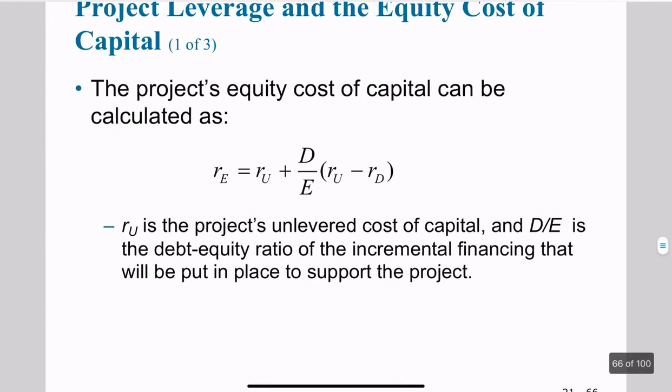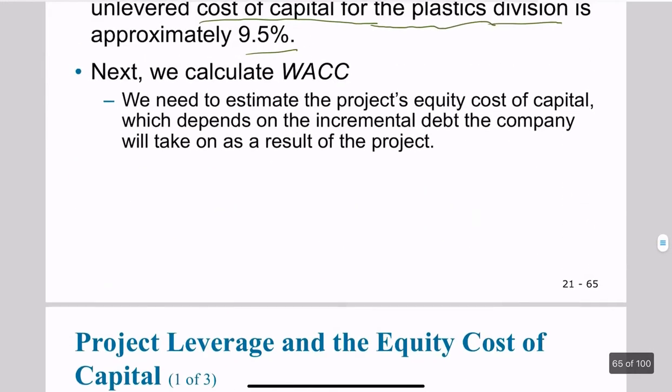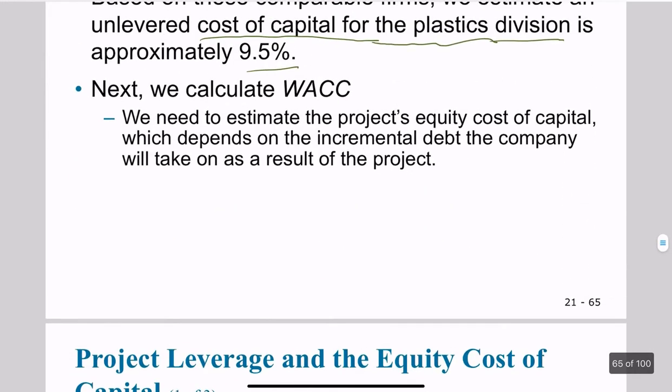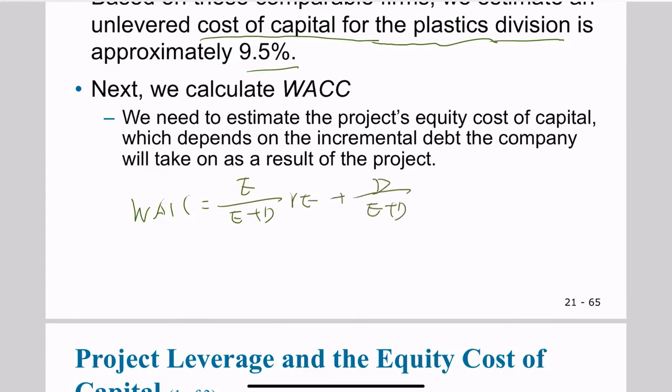And then we will calculate this project's WACC. So, remember how you calculate the WACC, right? So WACC is, so this is one formula you can use. Or you could adjust the WACC from the unlevered cost of capital, right? Or you could use this formula.